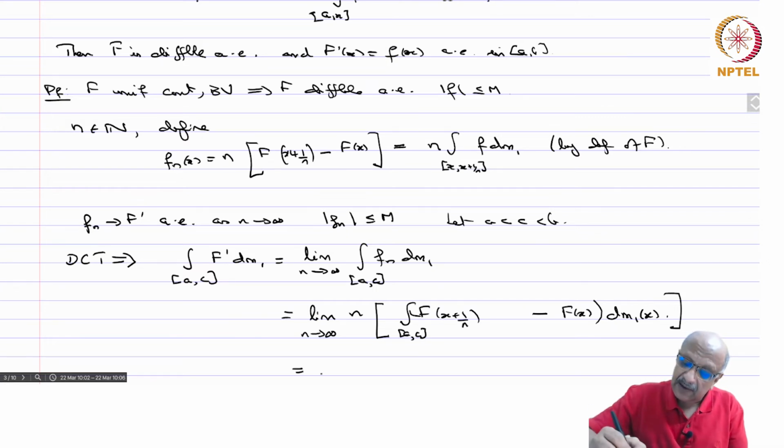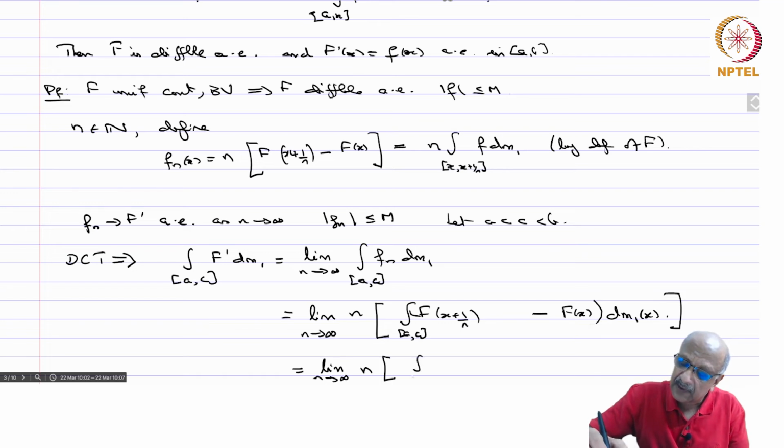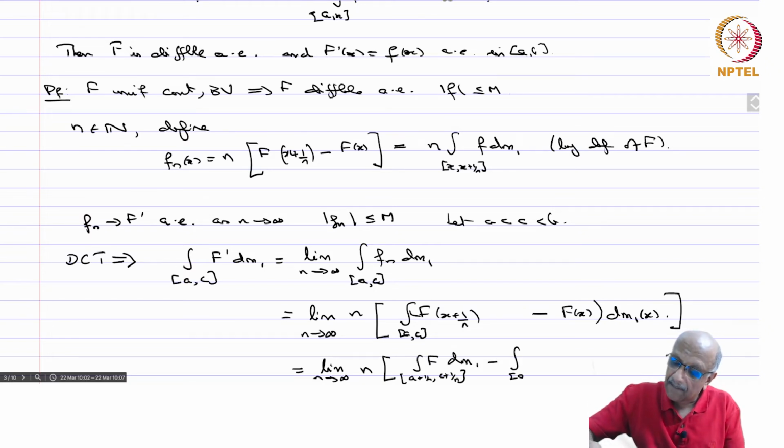Now we will write this as the limit as n tends to infinity of n times, recall that the integral from a to c of F(x plus 1 by n) is nothing but the integral from a plus 1 by n to c plus 1 by n of f dm1, we have done this exercise before, minus the integral from a to c of f dm1.